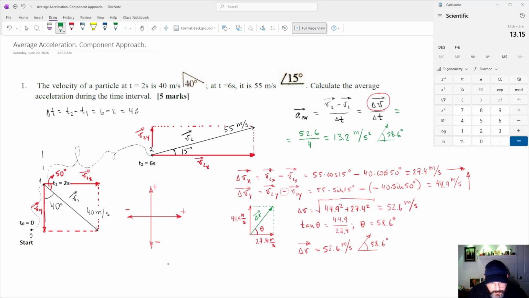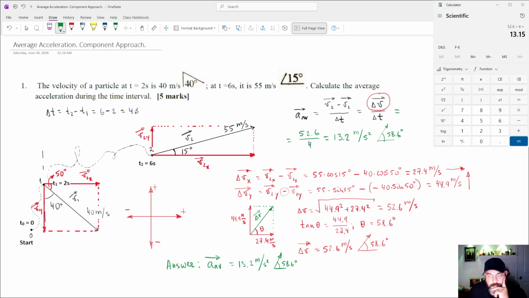Okay, so we can write the answer again. Our acceleration is equal to 13.2 meters per second squared at 58.6 degrees relative to the horizontal line.